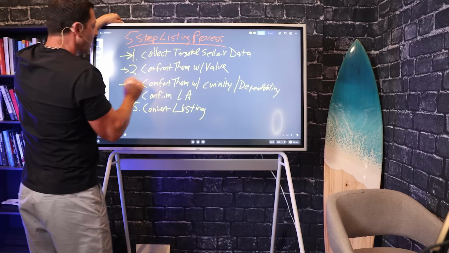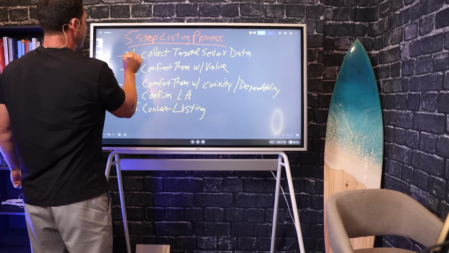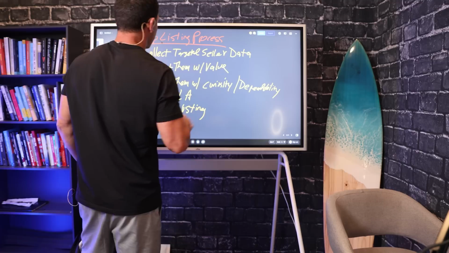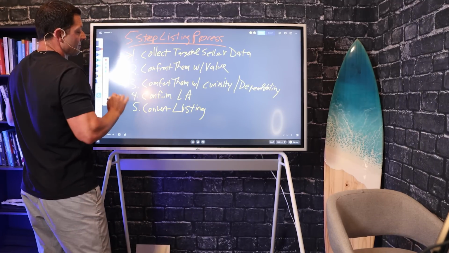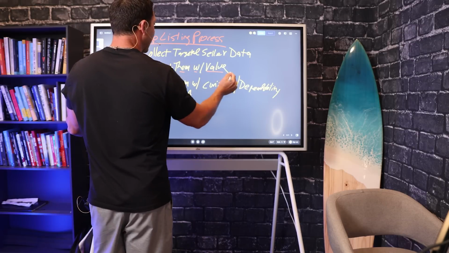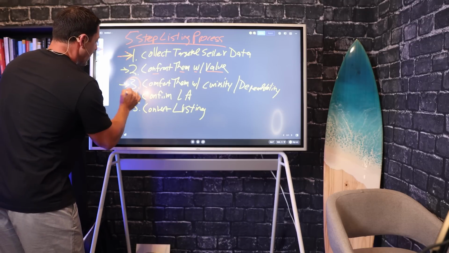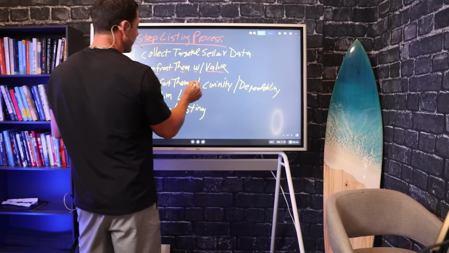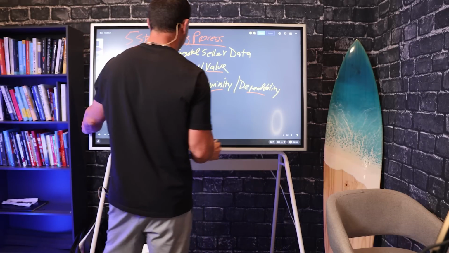A lot of agents do confronting them with value, and collecting targeted seller data, pretty well. The part they skip every time, it seems, is comforting them with curiosity and dependability.